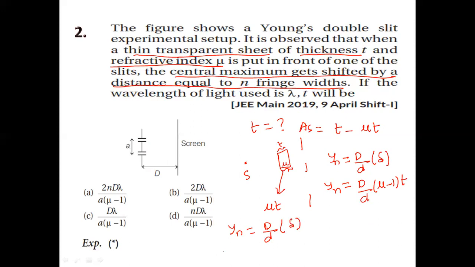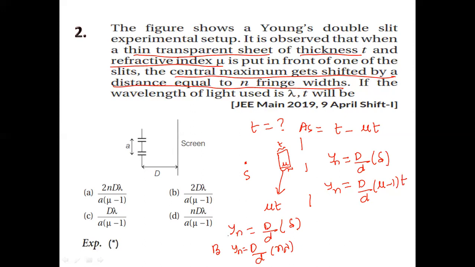For bright fringes, yn is equal to capital D by small d times n lambda. They gave that the central fringe is shifted by n times the fringe width.